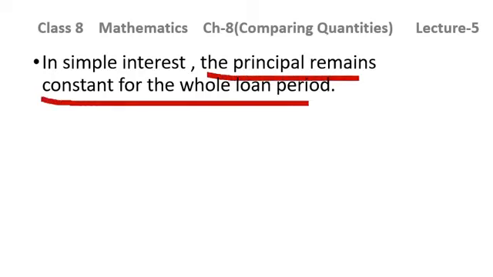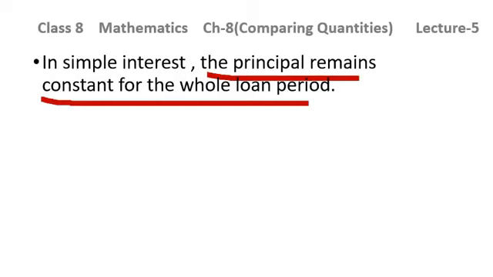For example, if you have borrowed a certain amount like rupees 5,000, then even if the time period is 10 years, for those 10 years the principal will remain the same. That is, your interest will be calculated on 5,000 rupees only.